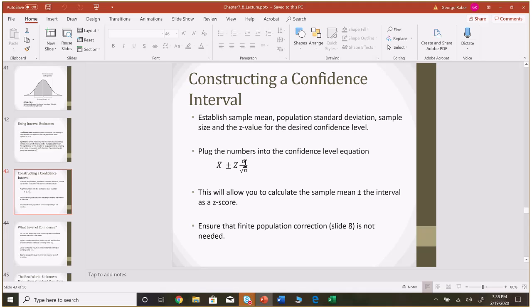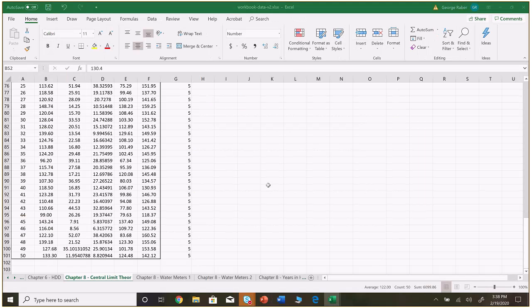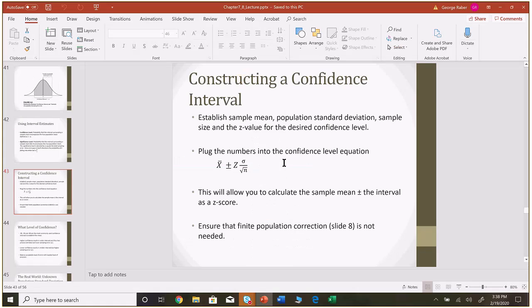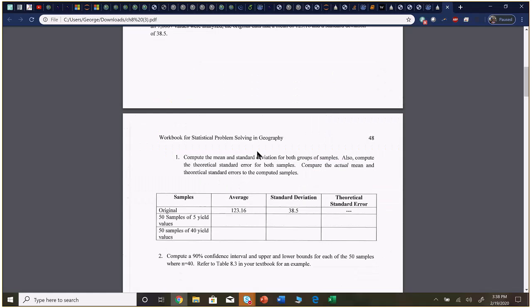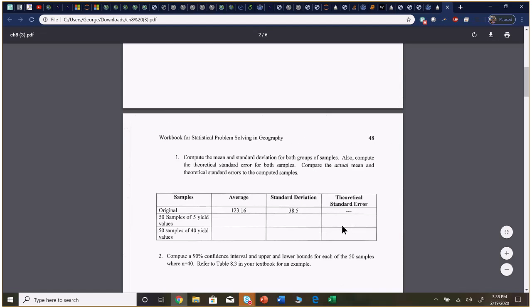That's the standard error: the variance divided by the number of samples. So that value divided by the square root of n, which is 5 or 40 in this case.